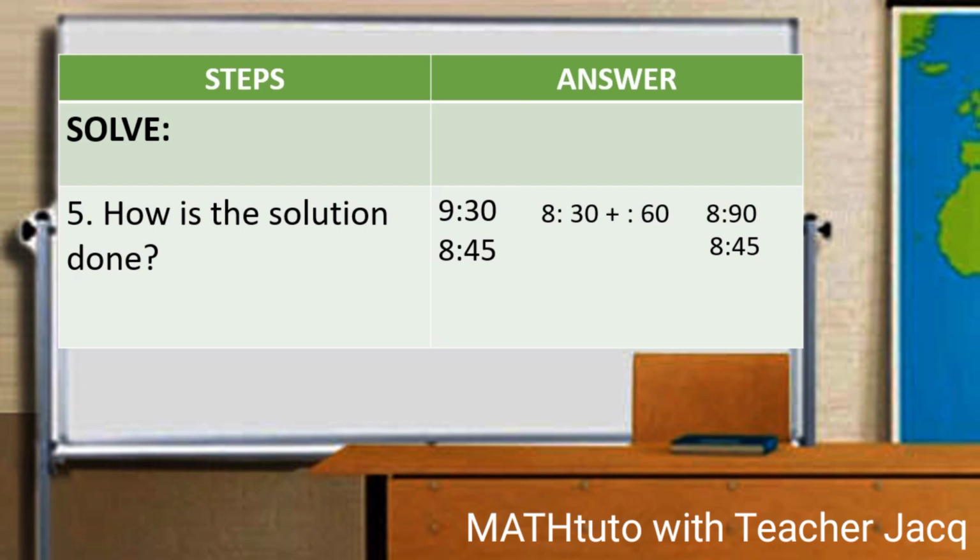So, we cannot subtract 5 from 0. That's why we will borrow 1 dito sa 9. So, meron tayong ngayong 8 and then si 0 ay magiging 10. So, 10 minus 5 is 5 and then 8 minus 4 is 4. That's why we have 45 minutes. So, ibig sabihin yung sagot sa word problem natin ay 45 minutes.